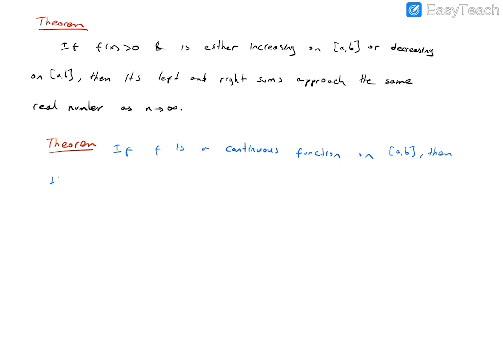The Riemann sum for f on the closed interval AB approaches a real number, the limit I, when n goes to infinity.